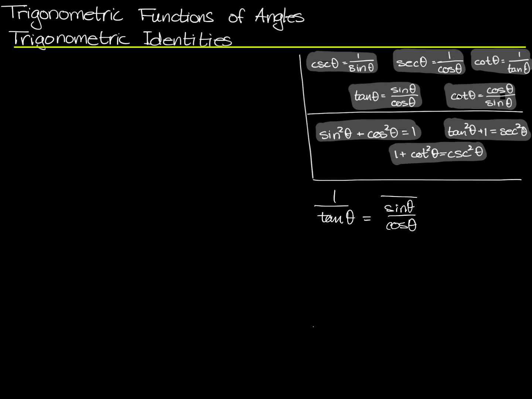So 1 over tangent, which is cotangent, is going to be equal to 1 divided by sine over cosine. Well, that's 1 times cosine over sine. So cotangent is cosine over sine. So I've never really understood why we need a separate listing for that particular identity, but it's in the chart, it's in the table in your book, so I'll just leave it there.